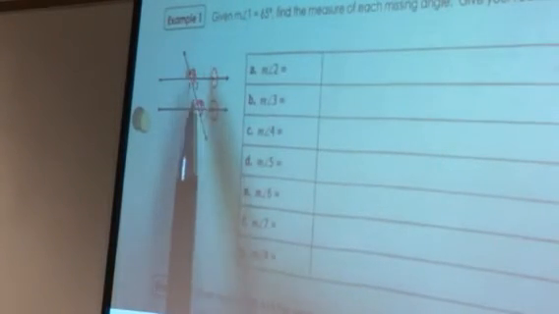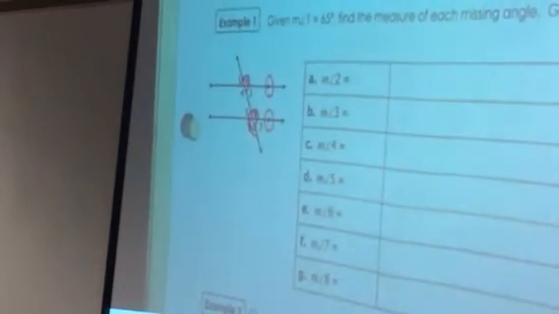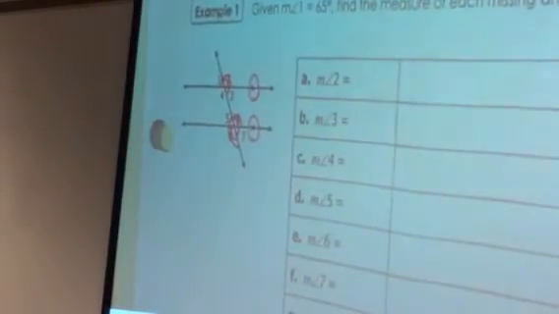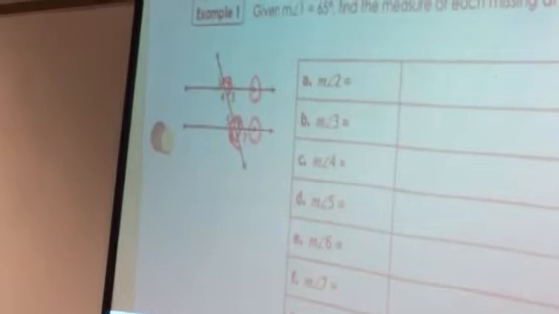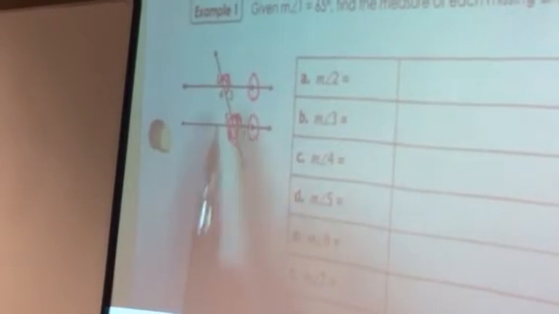Because they're alternate exterior. So both of those will get 2. This is starting to get a little jumbled, but if you're following along, you should hopefully understand. And then 8 and 4 have to be the same.